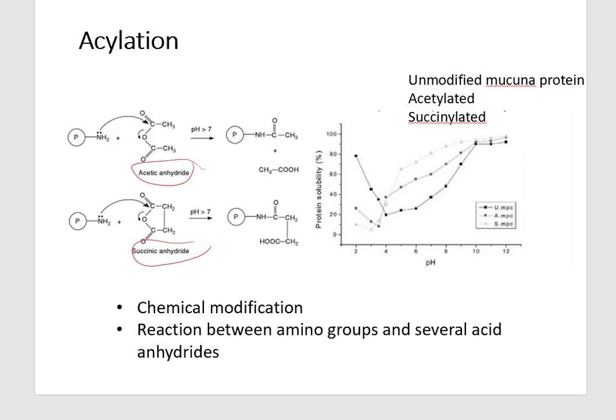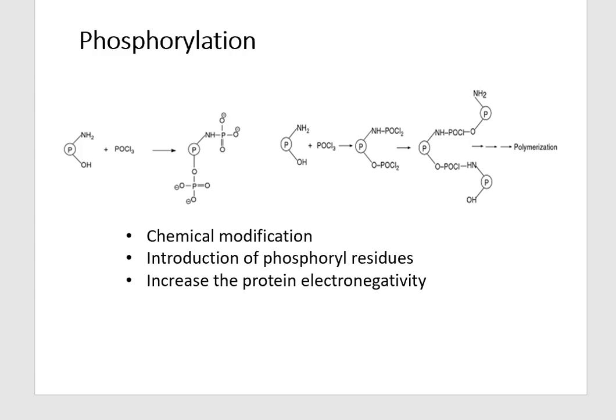Here you see a graph. So the chemically modified acylated form has better solubility. More soluble compared to the native one. And let's see the last one. Phosphorylation. So it's another chemical modification.